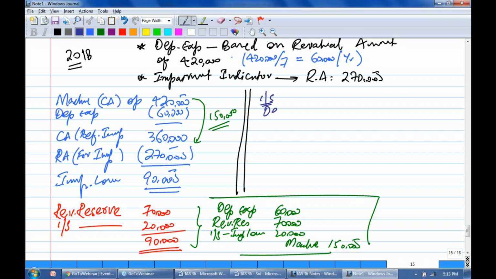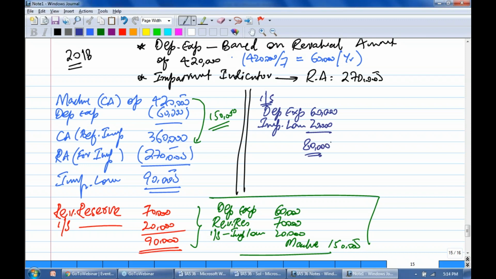Income statement, that is depreciation expense, $60,000. Impairment loss, that is 20,000.